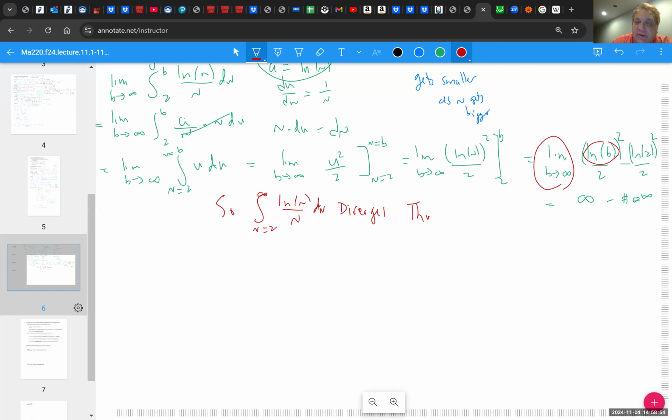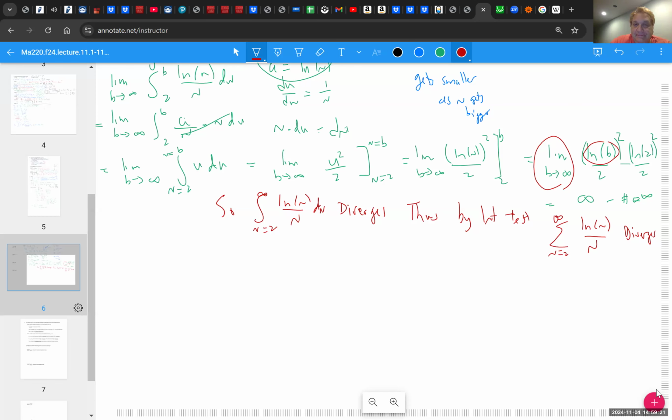Thus, by the integral test, we know that the series of ln n over n diverges as well. Right? So the series and the integral do the same thing. In this case, they both diverge.